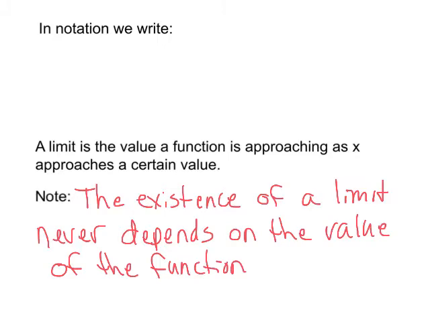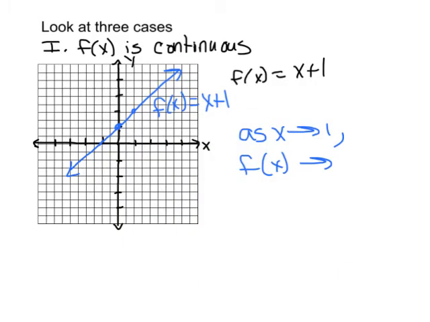Let's say, as x approaches a value c, the existence of a limit never depends on the value of the function at x equals c. The existence of a limit as x approaches a certain number never depends on the value of the function at that number. I'm going to demonstrate this with 3 examples, and then in class we will look at evaluating limits graphically and numerically. So we're going to look at 3 cases.